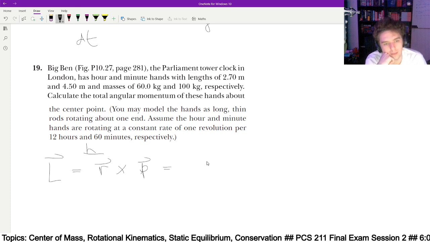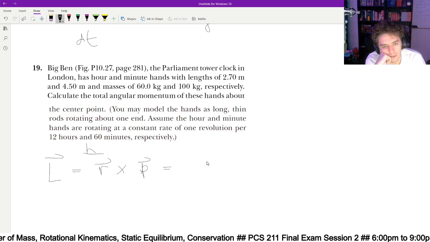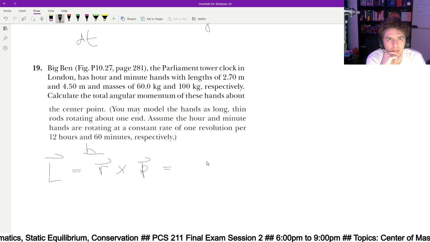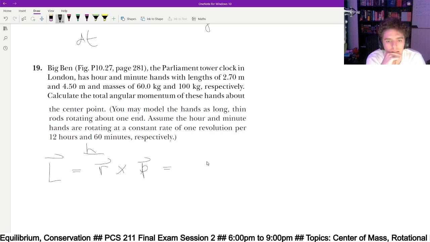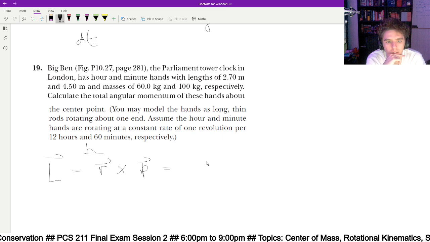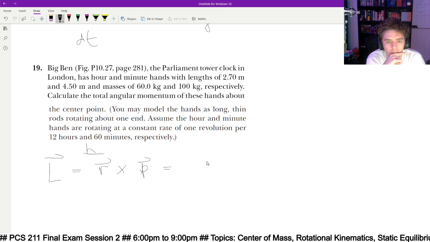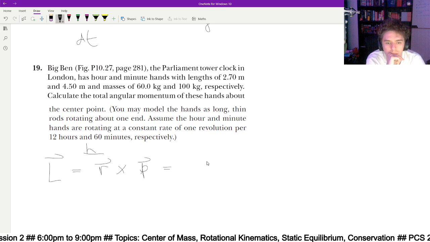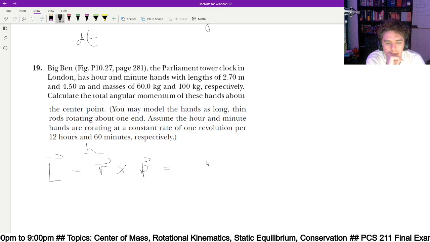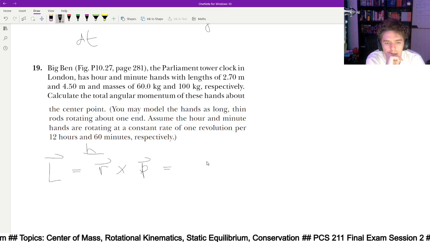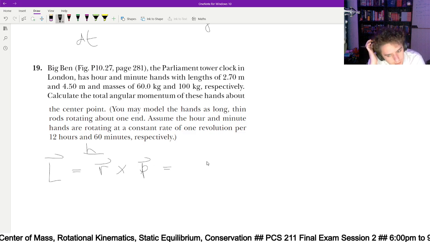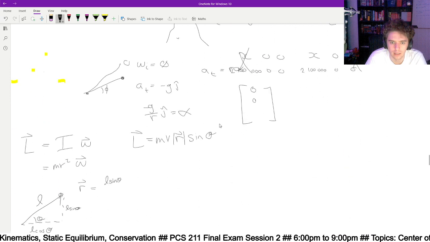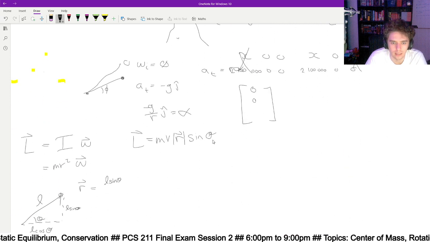So the radial vector is different depending on where it is. Let me look at this. There's another formula someone set up here that we had. That was this, m v r sine theta.